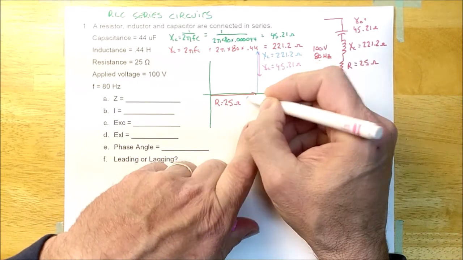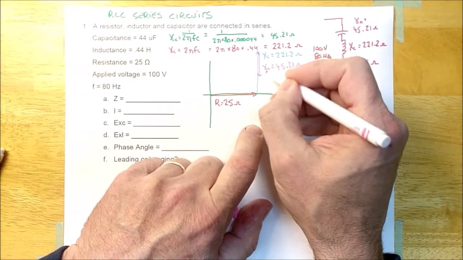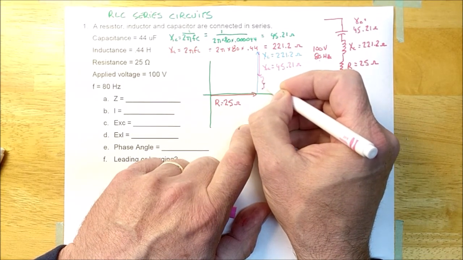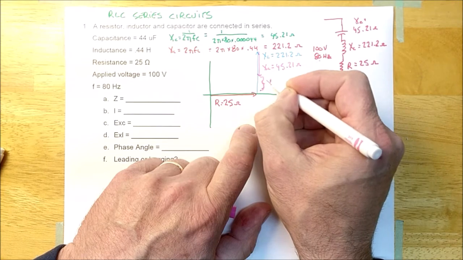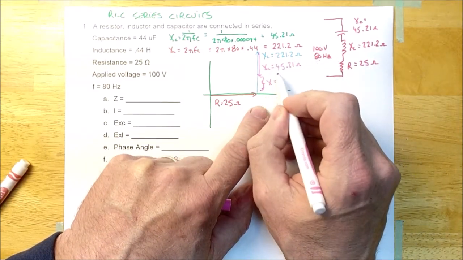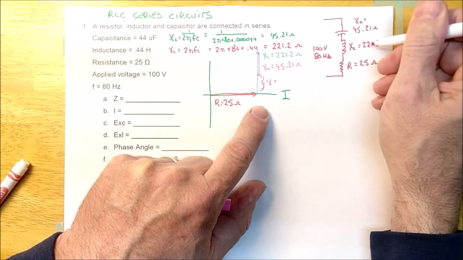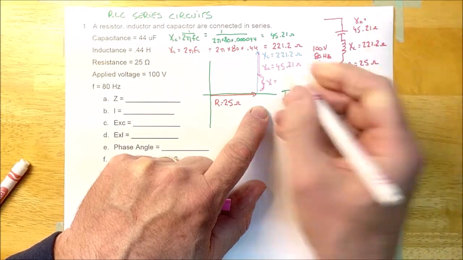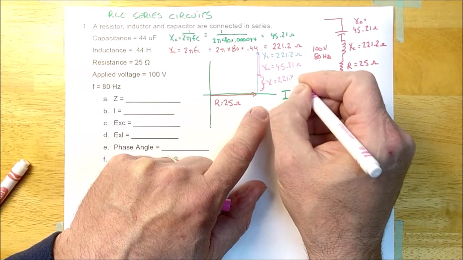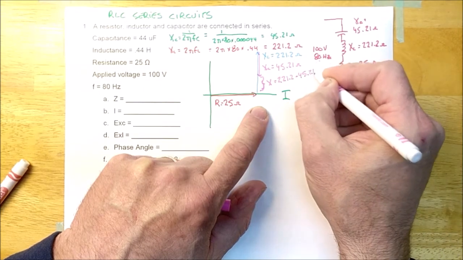Now, if you notice that these are 180 degrees out of phase, which means I can just subtract these. This here we're going to call X, and X is going to be XL minus XC. It's going to be whichever is bigger, the difference between these two. So we're going to do that. It's going to be 221.2 minus 45.21.